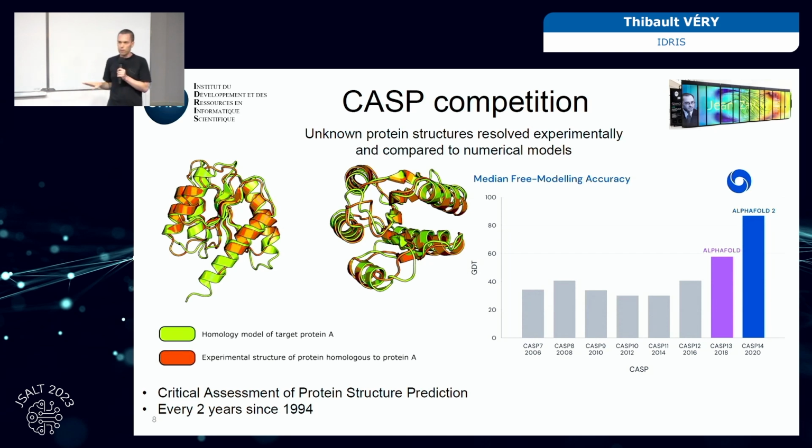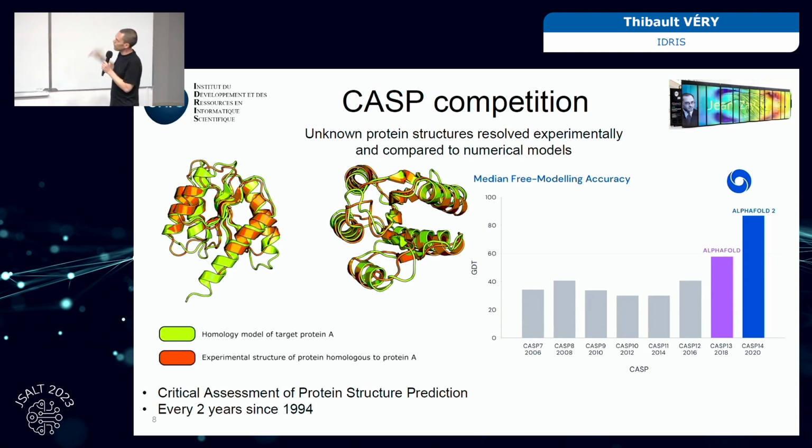The experimentalists do not compete. The ones who compete are the ones with the numerical methods. So for 2 years, they try to develop methods to get the correct structure. And at the end, you get a ranking.